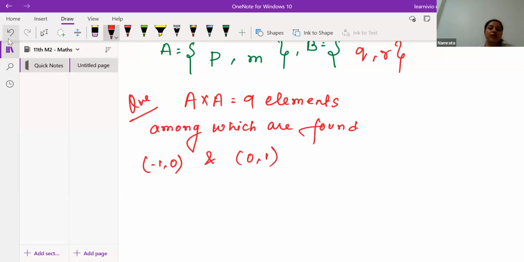Then find the set A and the remaining elements of A cross A.